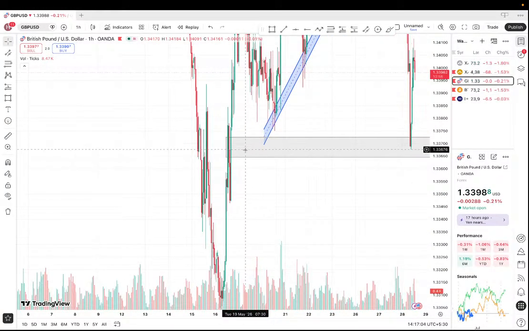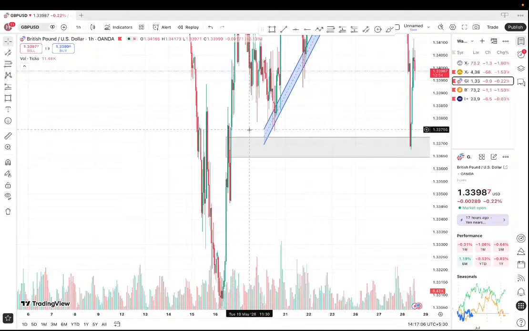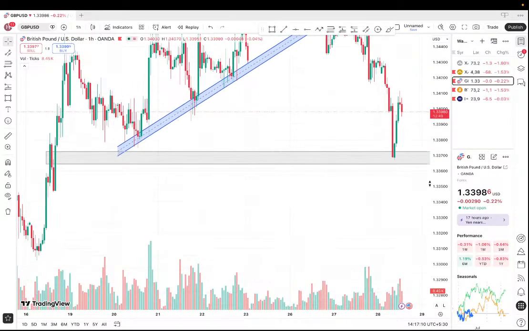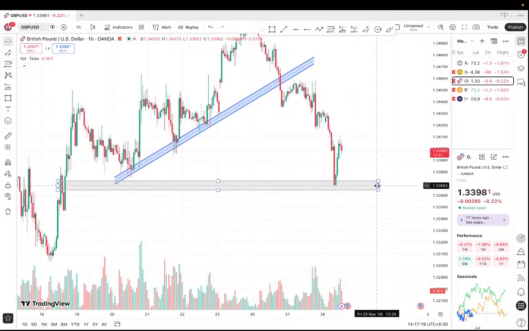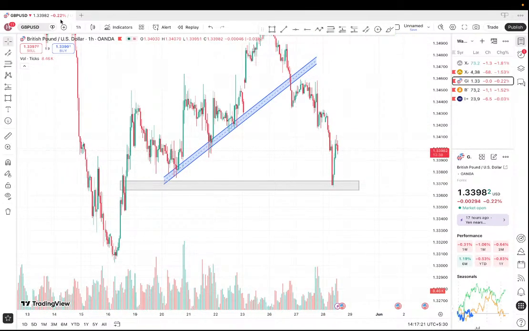Here we can see that there's an order block and fair value gap. So it took support of it and gave a move of more than 40-50 pips. So it was a pretty decent move.